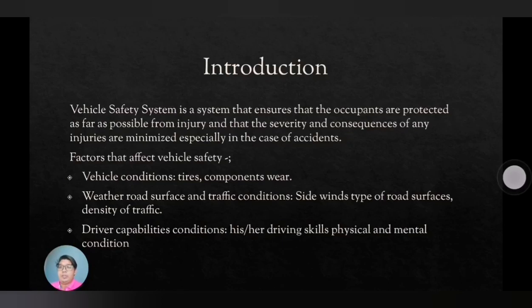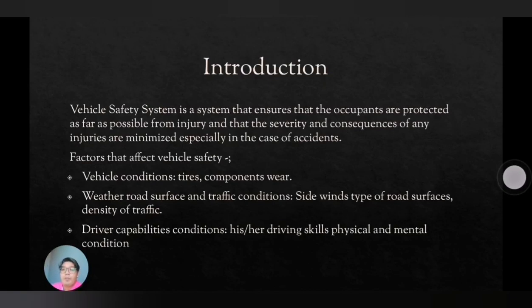Right, introduction. A vehicle safety system is a system that ensures that occupants are protected as far as possible from injury, and that the severity or consequences of injuries are minimized, especially in case of accidents.